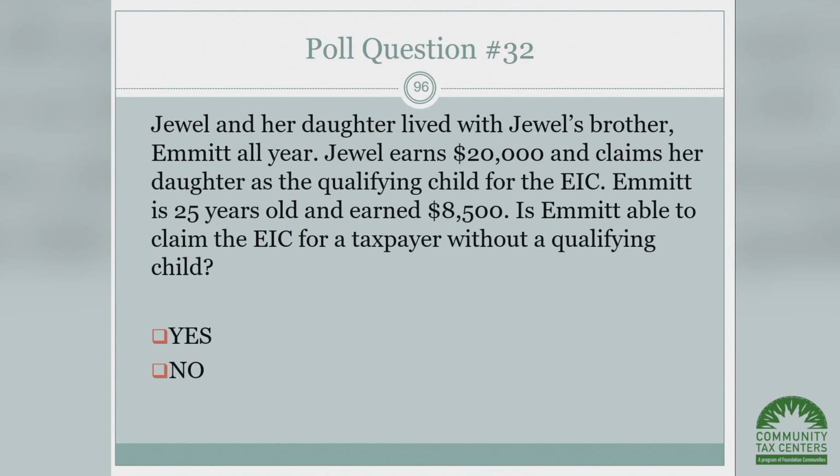My apologies. Jewel and her daughter lived with Jewel's brother, Emmett, all year. Jewel earns $20,000 and claims her daughter as the qualifying child for EIC. Emmett is 25 years old and earned $8,500.